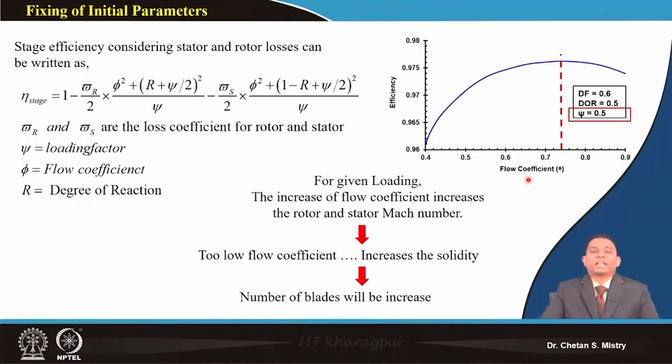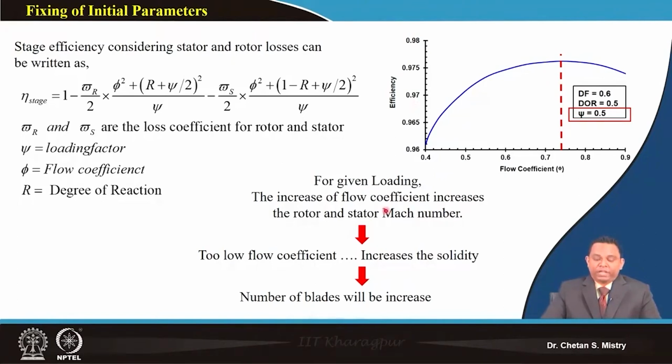Now let's take the second case. This represents the variation of flow coefficient along with the efficiency, where we have taken the loading coefficient to be 0.5. In this case, with increase of flow coefficient, the efficiency increases, by a few points.